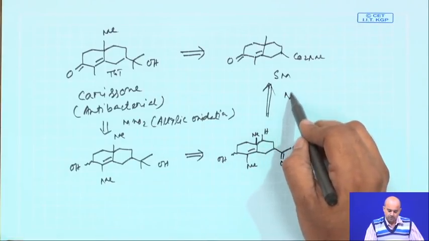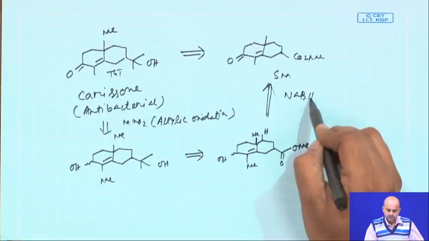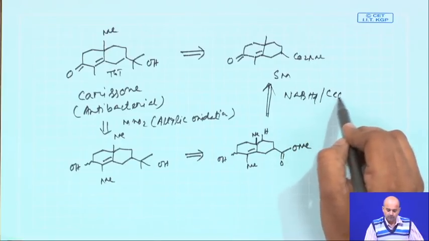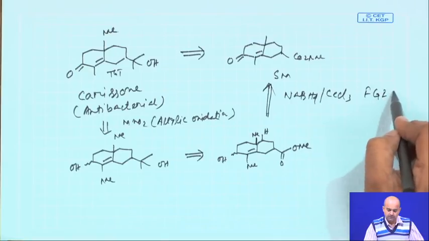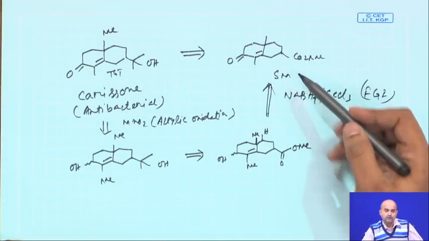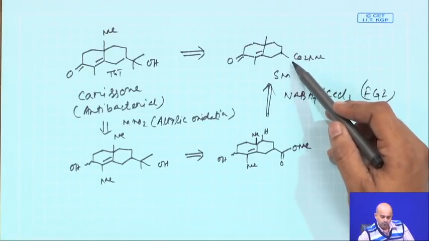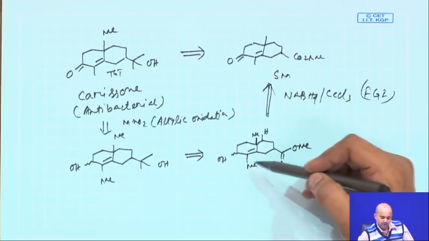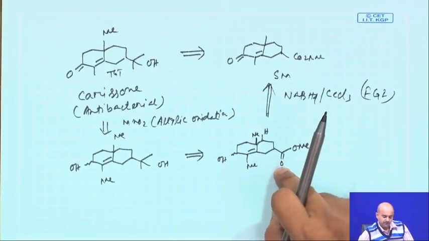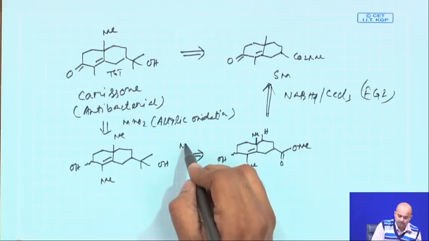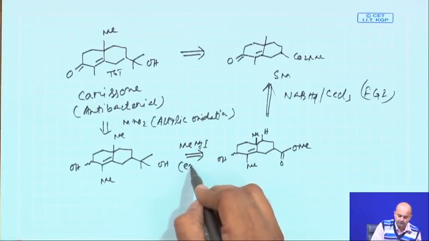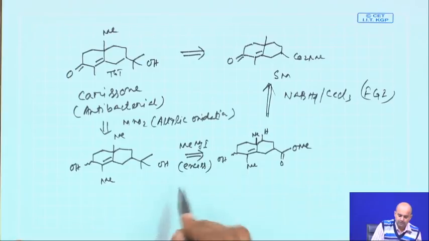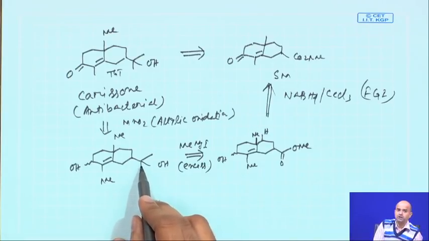You can simply do it by Luche reduction, sodium borohydride, cerium chloride. So, all are basically very standard FGIs. First take the starting material, do a Luche reduction, and it will come here. Then to this you add excess methyl magnesium iodide, and you get the tertiary alcohol.